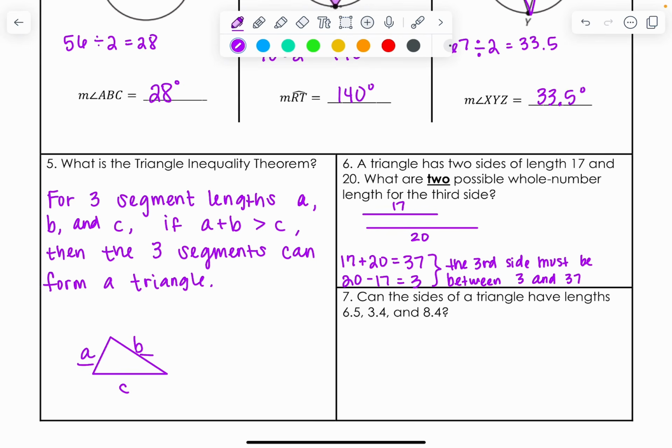So pick any two whole numbers that fall between 3 and 37.